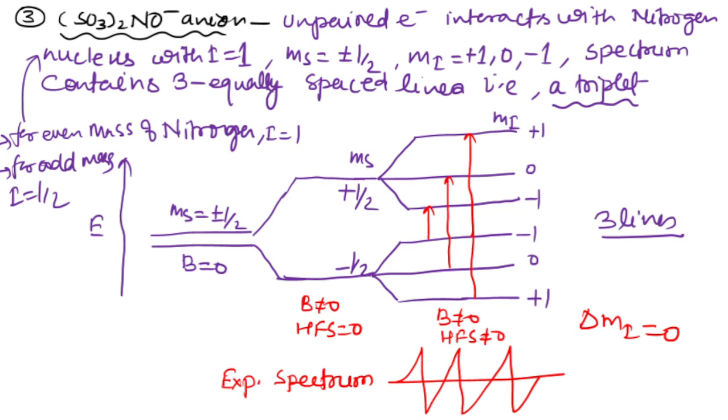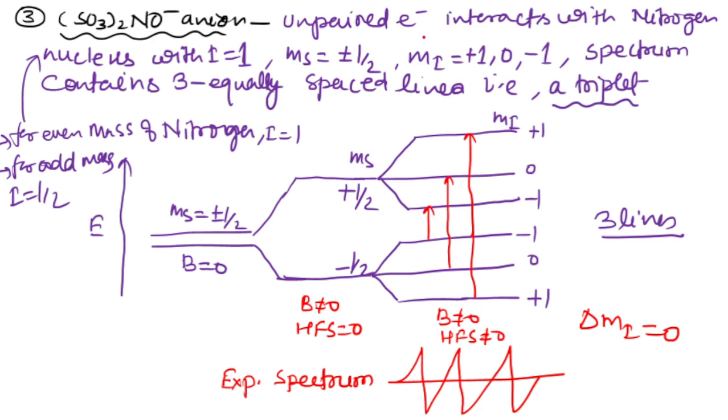Now we talk about the third example. These examples have some importance. These examples are SO3 2- and NO2 2-, the anion.